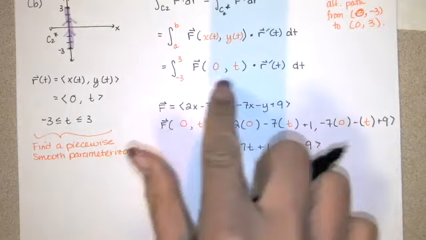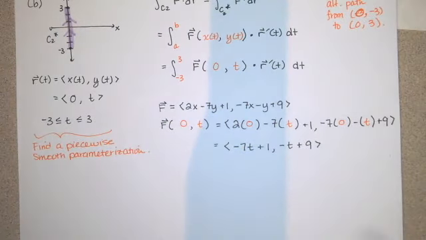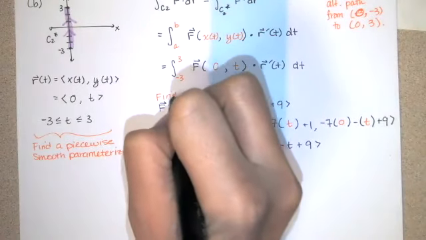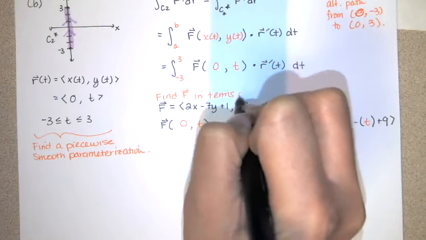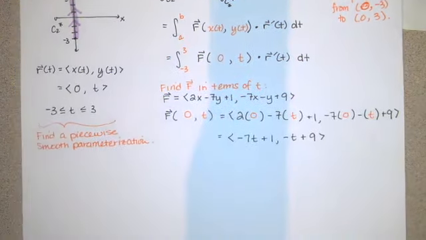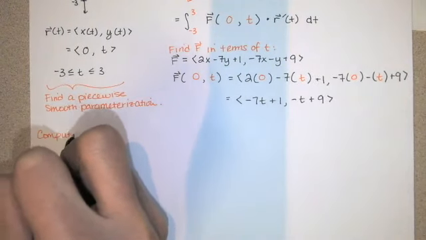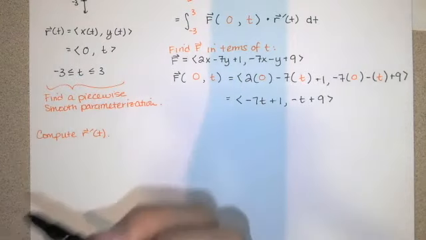So that's our field in terms of t. And once you find that field in terms of t, you want to compute r prime.